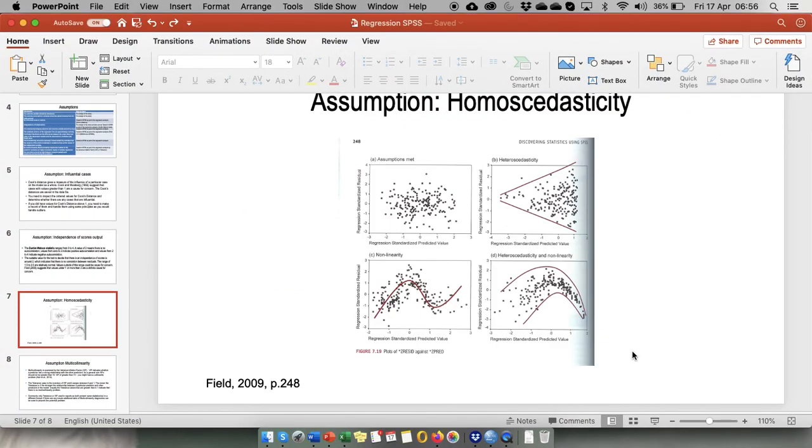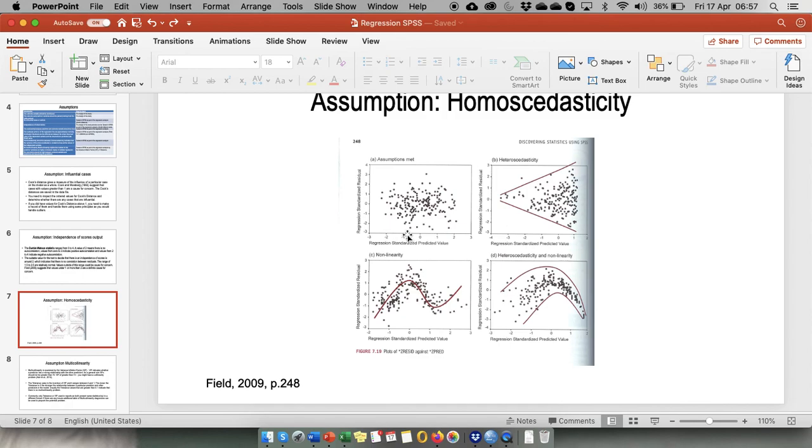The assumption of homoscedasticity is that variances in errors are equal across different values of the predictors. And what we want is to see a plot like this, where all dots are scattered in the middle in a somewhat circular fashion.